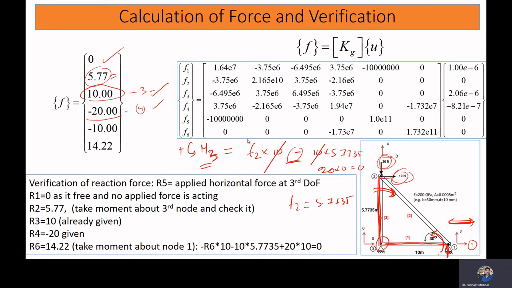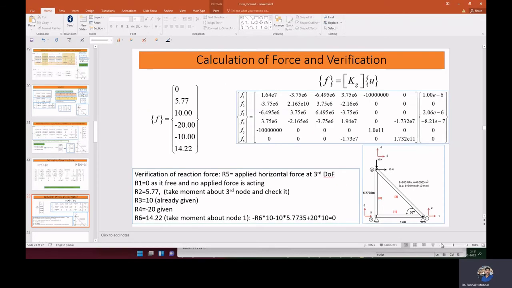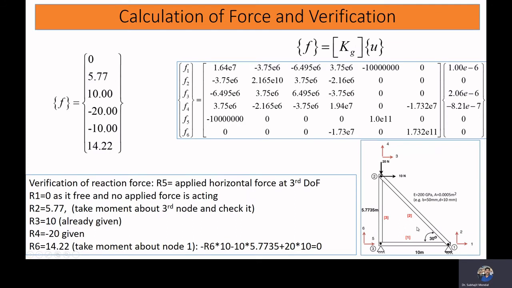So this is the way you can see that our nodal forces, whatever we have got till now, are fine. Now if you consider the fifth degree of freedom, you just see this end is a hinge. So whatever horizontal force acts, that must be resisted by this one only. The horizontal force of 10 Newton must be resisted by this fifth degree of freedom. This will be minus 10 this side.